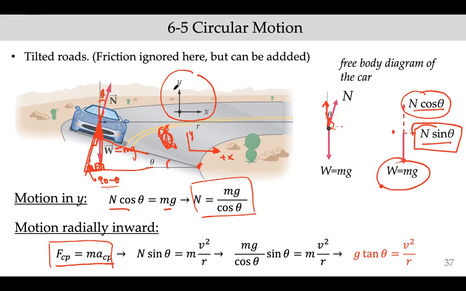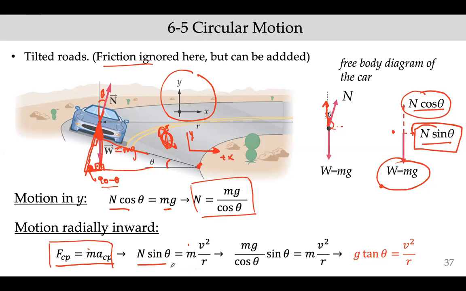In this problem, we ignored friction. If there was friction, we could also include it, but in this problem, there's no friction. So the net force in the radial inward direction is N times sine theta. Mass is mass. And for centripetal acceleration, it's v squared divided by r.